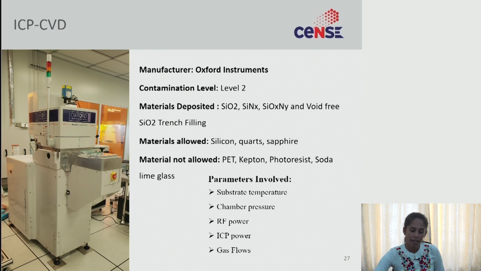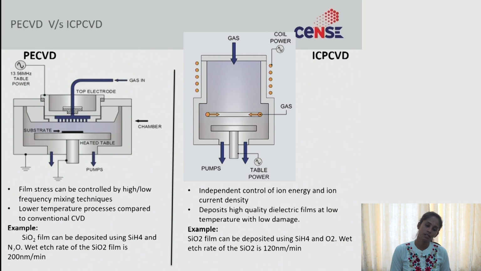Okay, so I think now you have seen both PECVD and ICP-CVD. What are the differences between PECVD and ICP-CVD? Both are plasma enhanced chemical vapor depositions, but the difference is, this is the schematic of the PECVD. You can see only the top electrode is connected to 13.56 megahertz RF power and the bottom electrode is grounded.